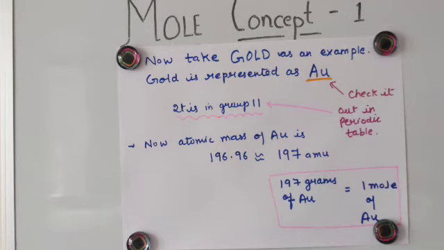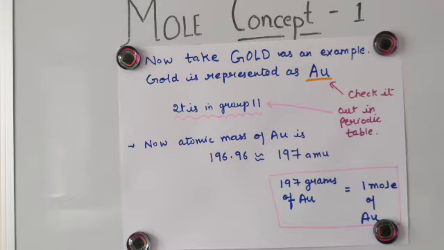So let's come to our topic. Now calculate the atomic mass of gold. We all know that the atomic mass of gold is 196.96 AMU, or approximately 197 AMU.